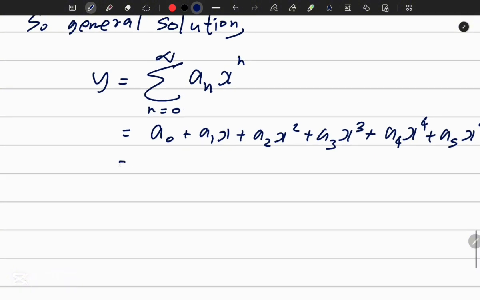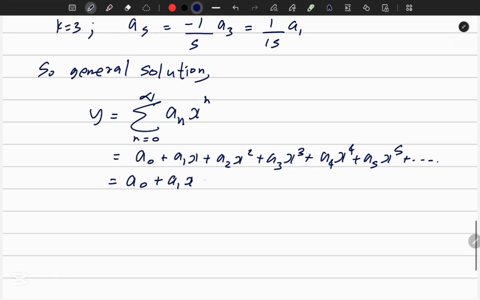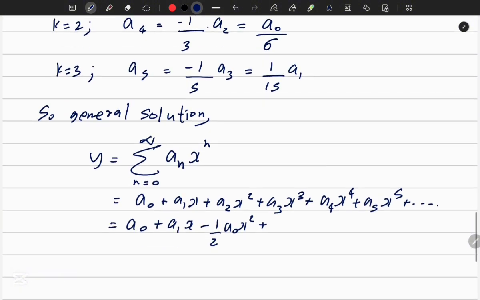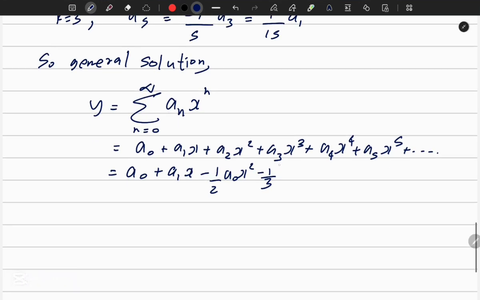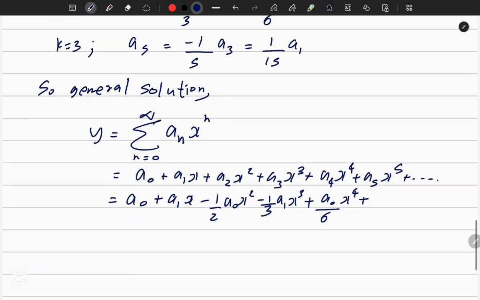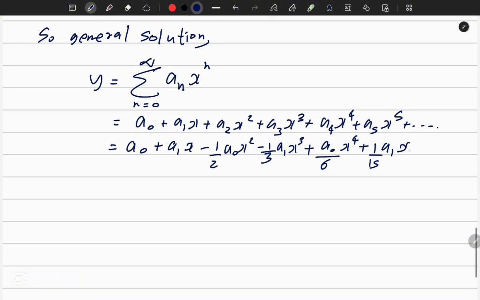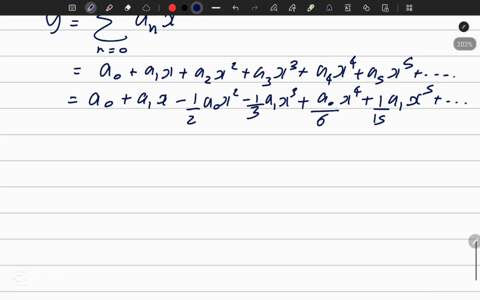So a naught is a naught, a1 is a1, a2 is minus 1 over 2 a naught, x squared, plus a3 is minus 1 over 3 a1, x cubed, plus a4 is a naught over 6, x^4, plus a5 is 1 over 15 a1, x^5, plus and so on.